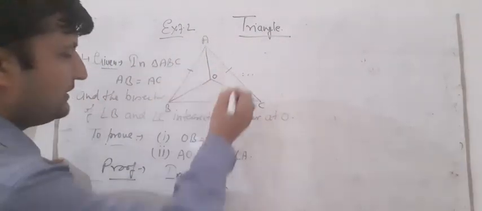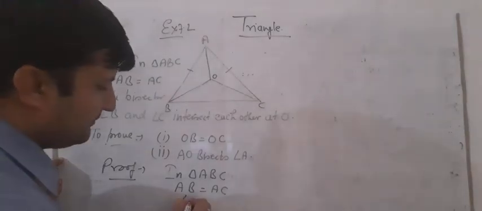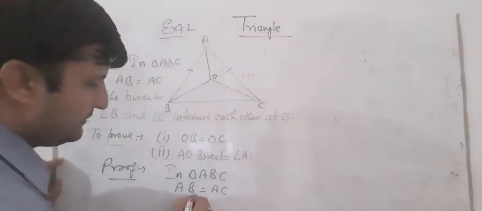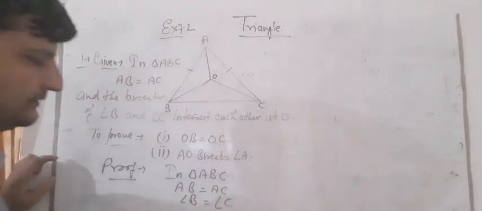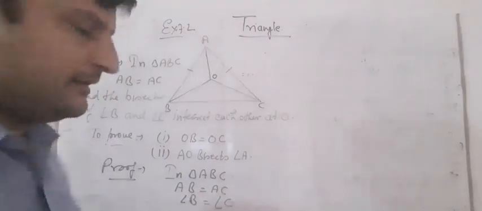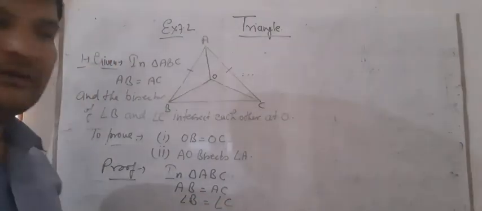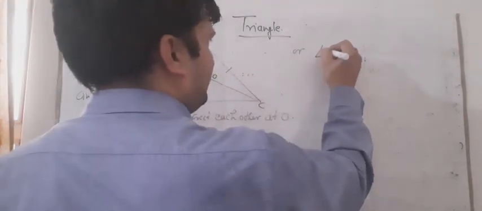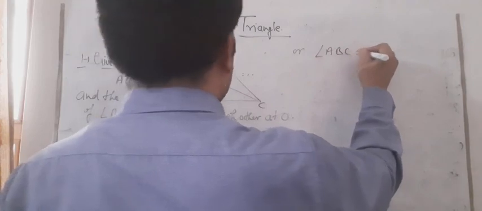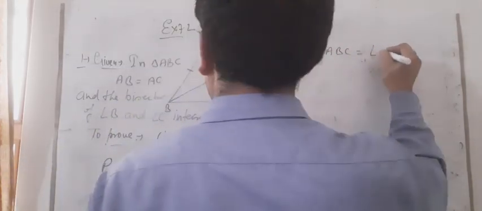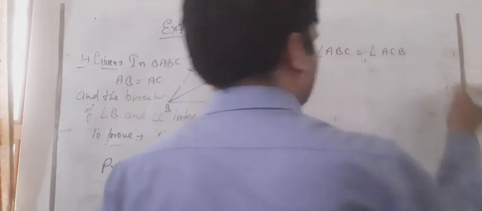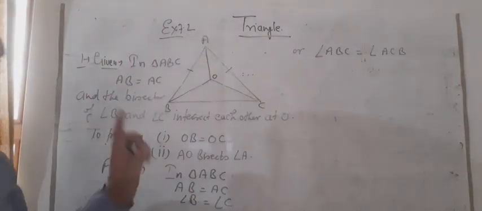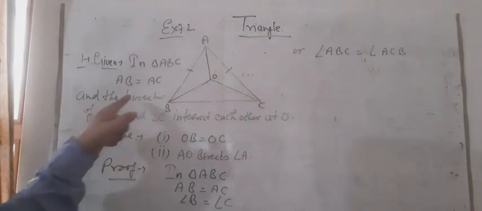It means angle B is equal to angle C. Either you can write, or we can write, angle ABC is equal to angle ACB.